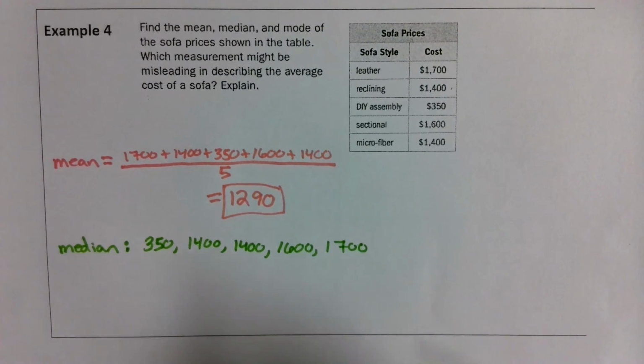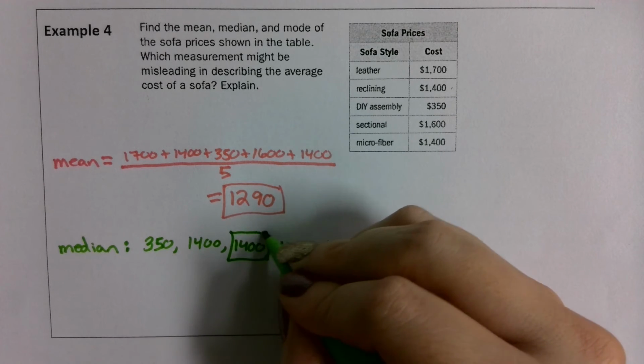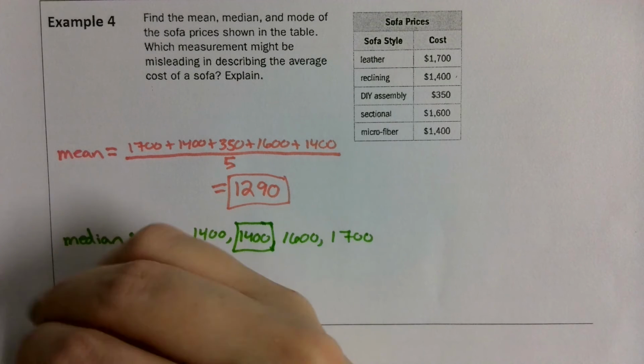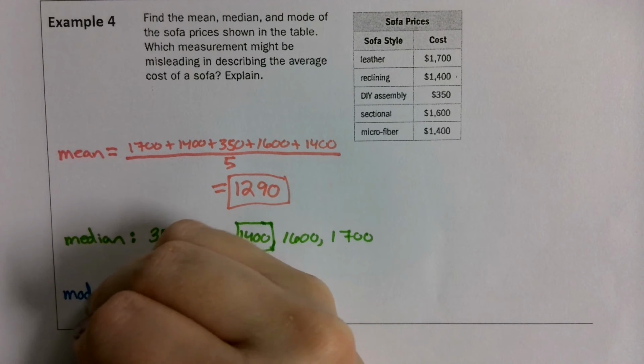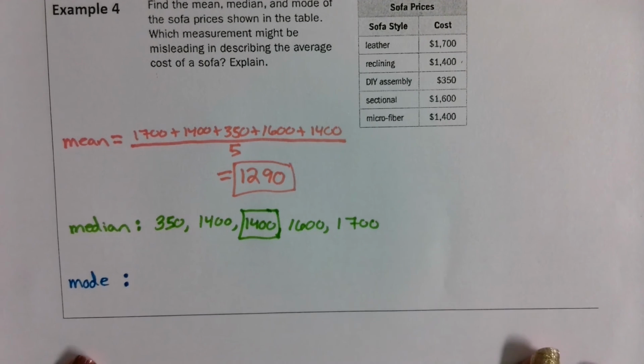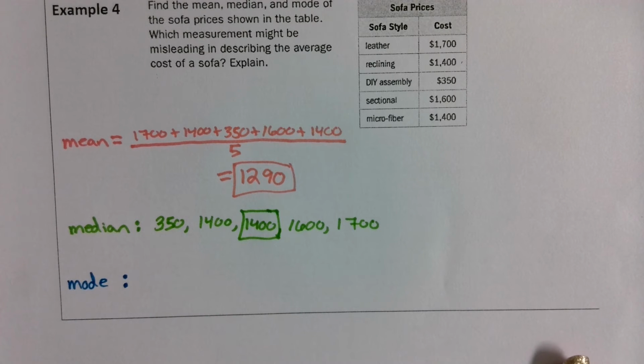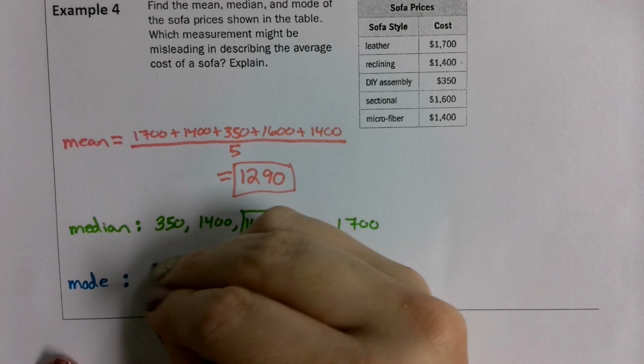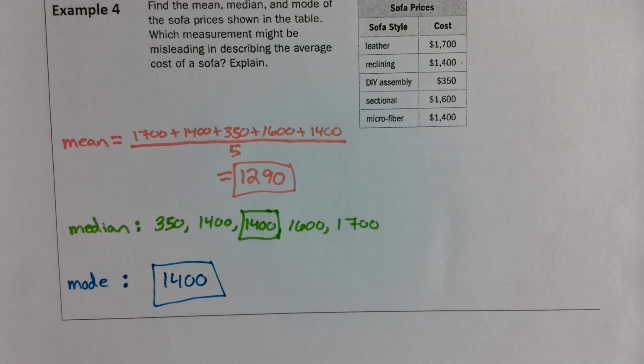So the middle number is that 1,400, the second one. So your median is 1,400. Then the last thing, talking about mode. What is mode? The most repeated number. It repeats most often. So that would be 1,400. The mode is the value that repeats.